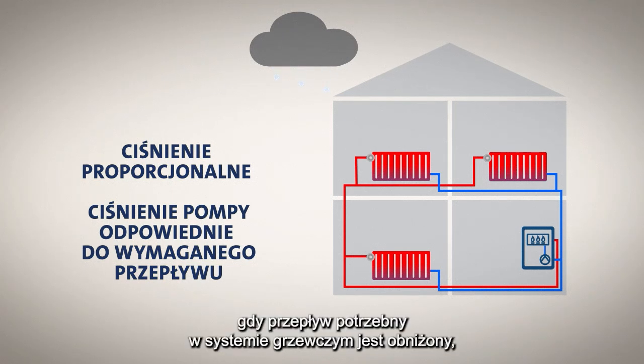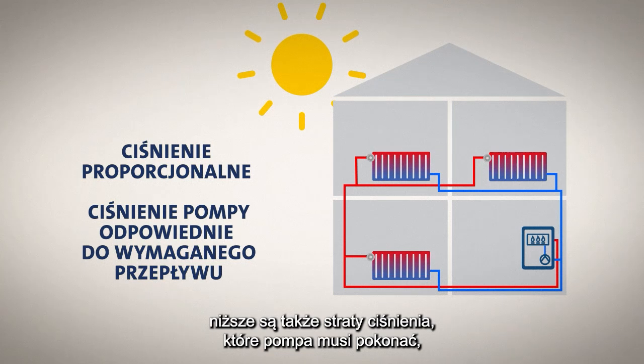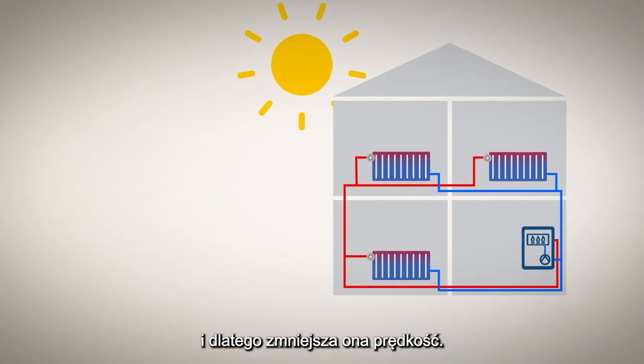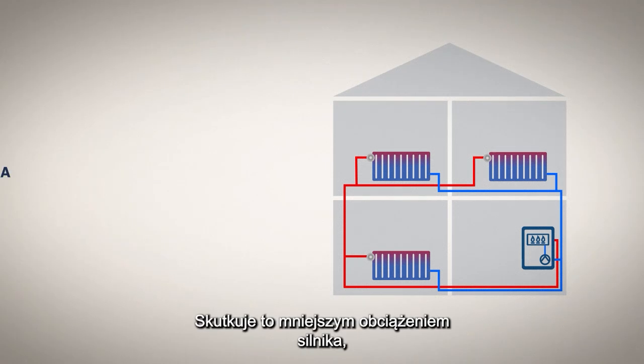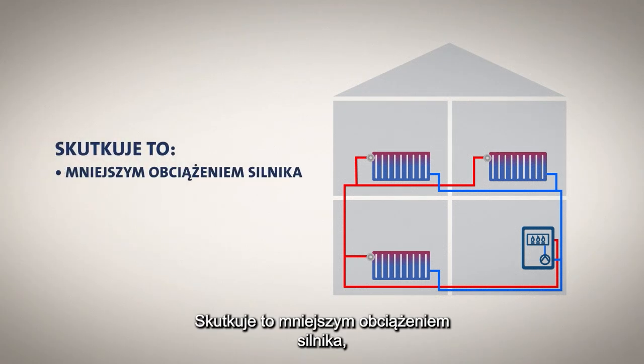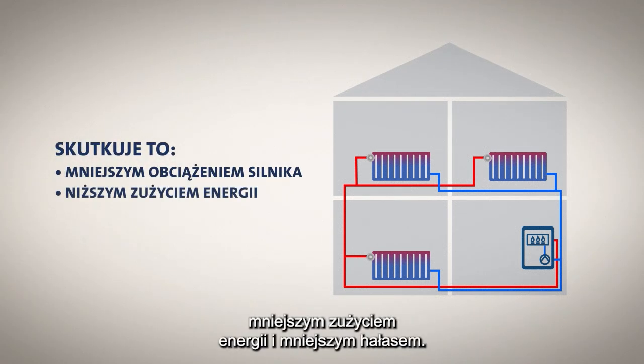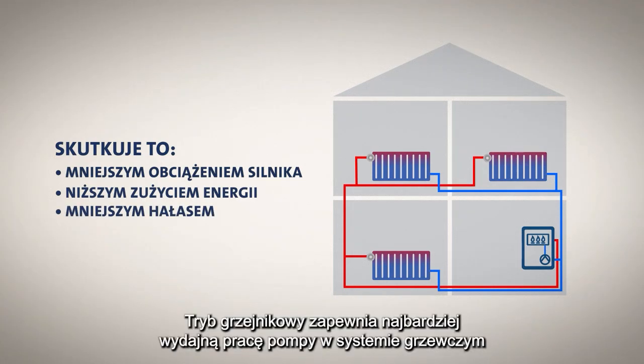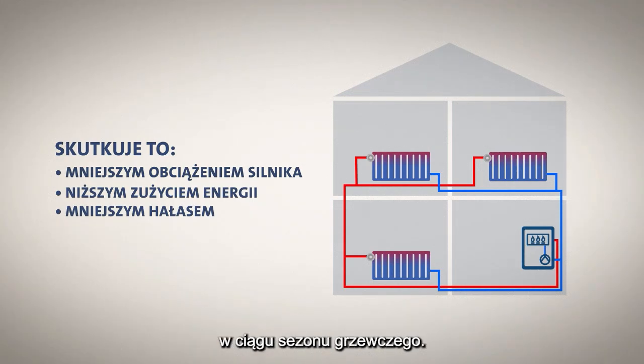So, for instance, when the required flow in the radiator system is reduced, the pressure loss that the pump needs to overcome in the system is reduced, and therefore the pump reduces the speed. This results in a reduced load on the motor, a reduction in energy consumption, and reduced noise. Radiator mode ensures the most efficient pump operation of your heating system throughout the heating season.